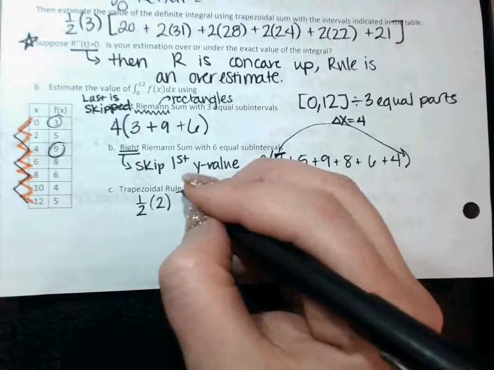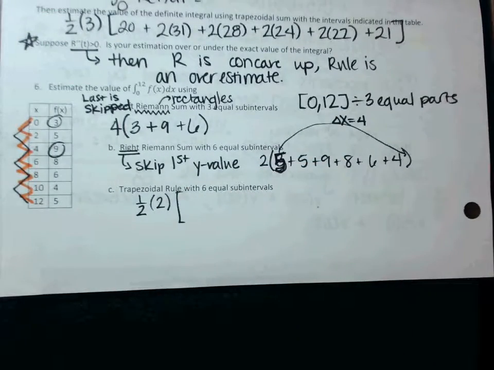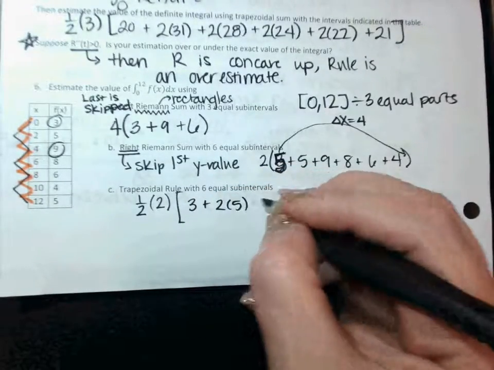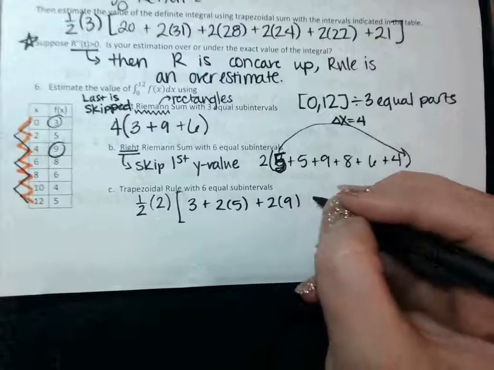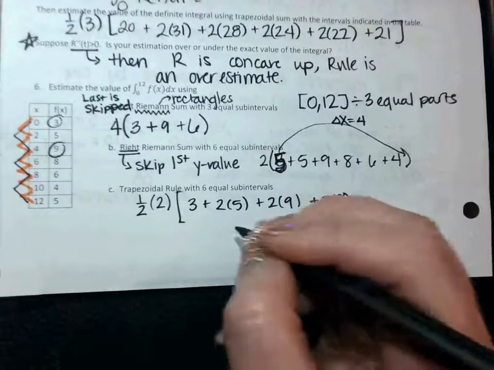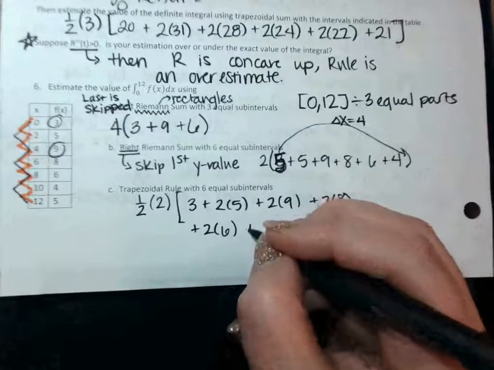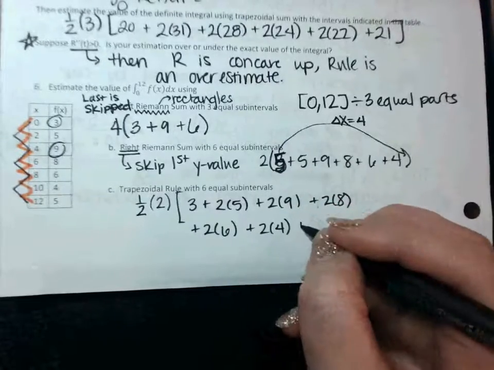And then what do I do with my bases? Does anybody get skipped in trapezoidal rule? No, but all the middle guys get to be counted twice. So it'd be 3, double 5, double 9, double 8, double, what's next? 6, double 4, and then your little 5 on the end.